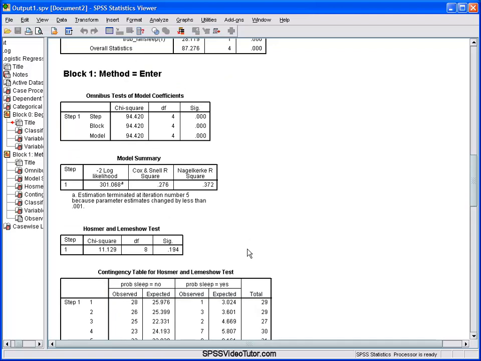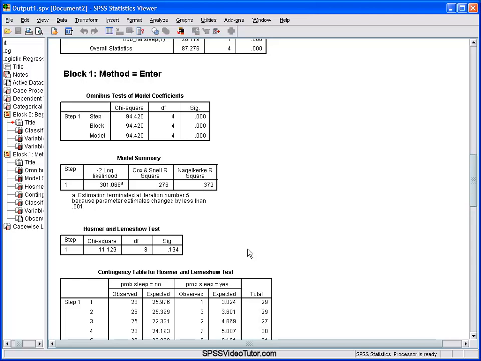The Hosmer-Lemeshow is another goodness of fit test, and it tells us if our model is a significantly better predictor than the Block 0 model. Okay? Now, significant values greater than 0.05 mean that the model is a better predictor than the Block 0 model.